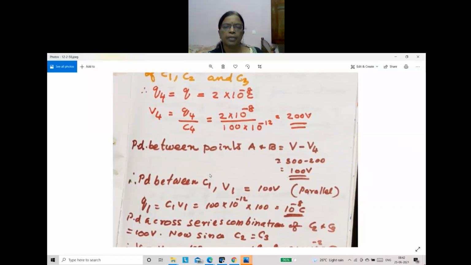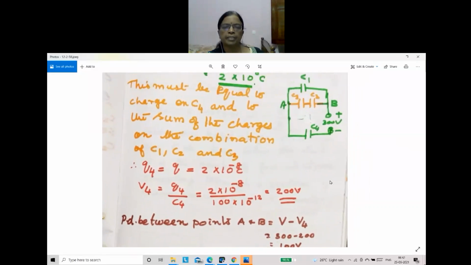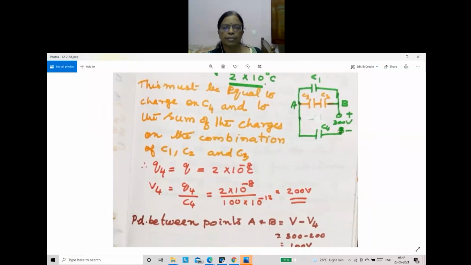So we have calculated the potential difference across C4, V4 equal to Q4 by C4, and we got 200 volt. The total voltage applied is 300, 200 volt appears across C4, and the remaining 100 volt appears across this combination.